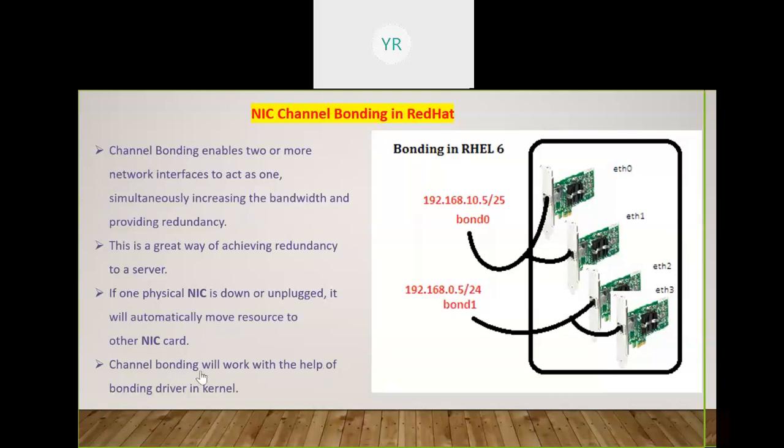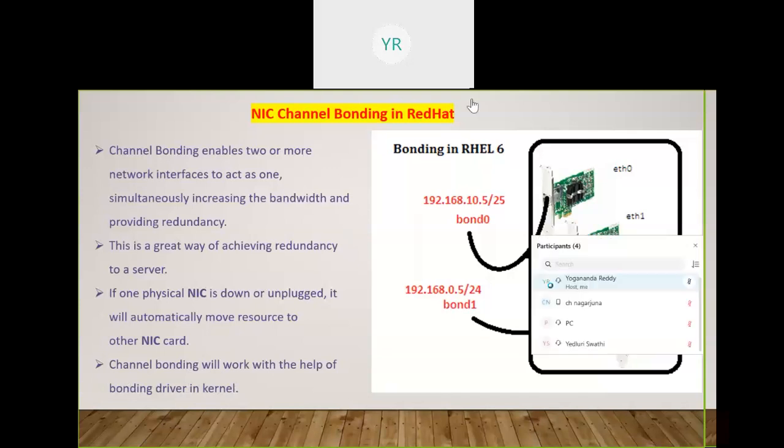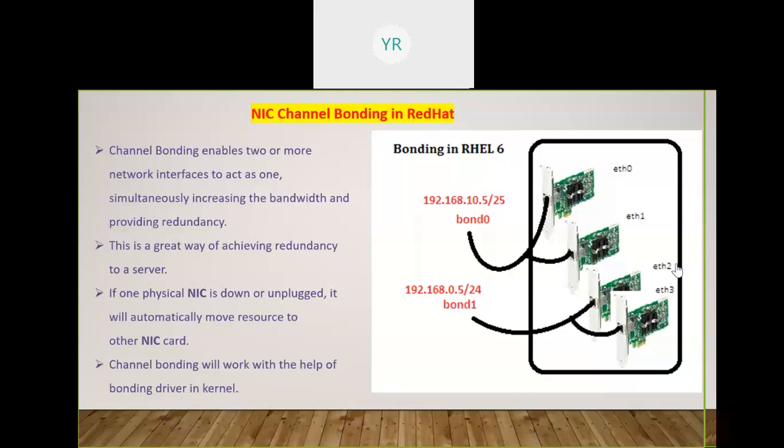Here I am talking in terms of physical NIC cards. How is this done by the OS? In the kernel there is a bonding driver. By using that bonding driver, the kernel will do it. That means it is on the software side, the OS side.